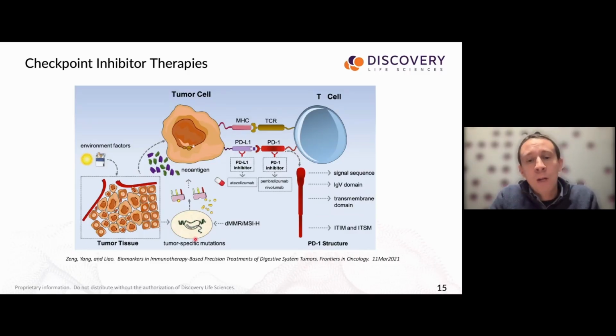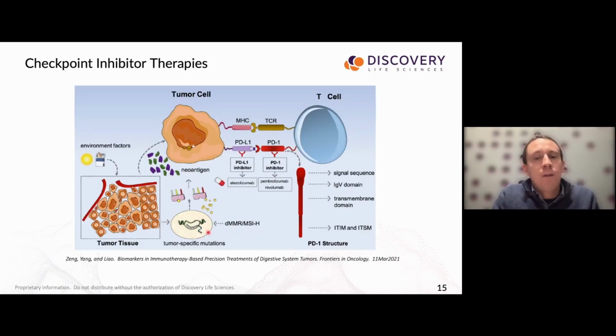One of the very nice readouts of this idea of tumor-specific mutations comes from mismatch repair proteins. Particularly, there are 4 that are examined: MLH1, MSH2, MSH6, and PMS2. And a deficiency in any of these can predispose to a high degree of instability within the genome.